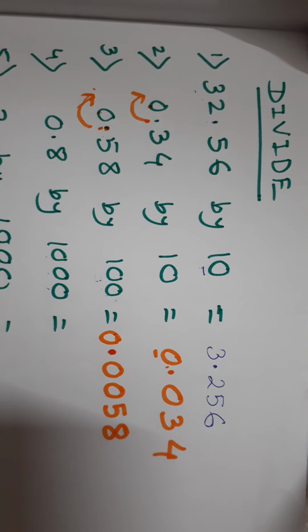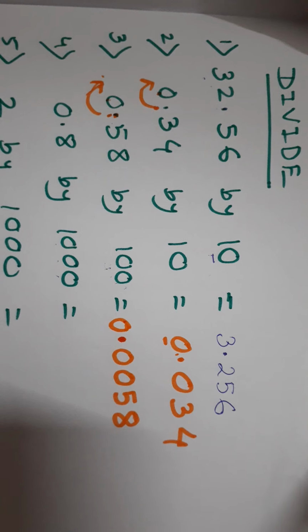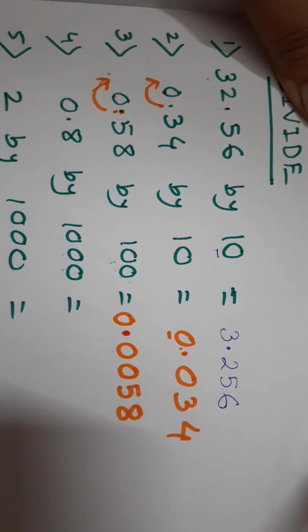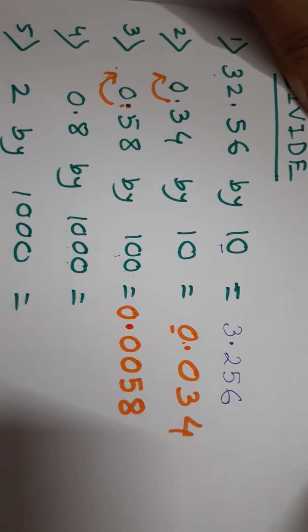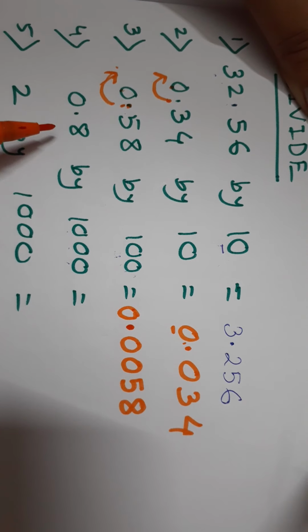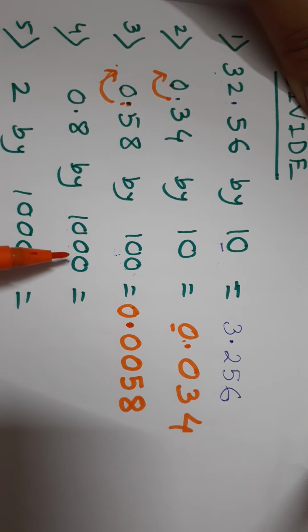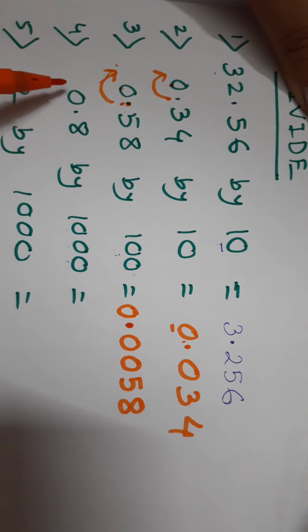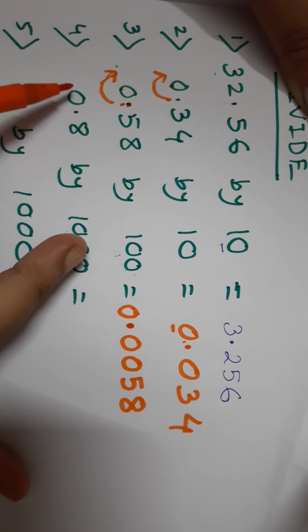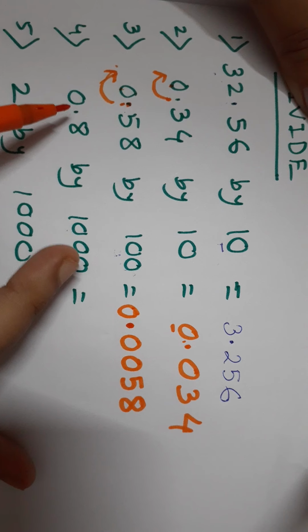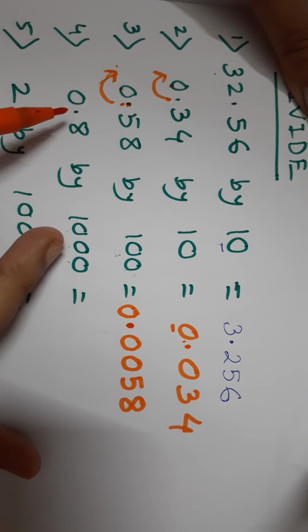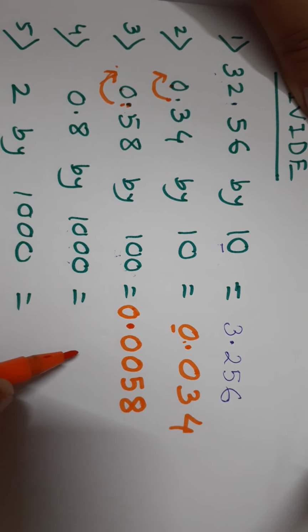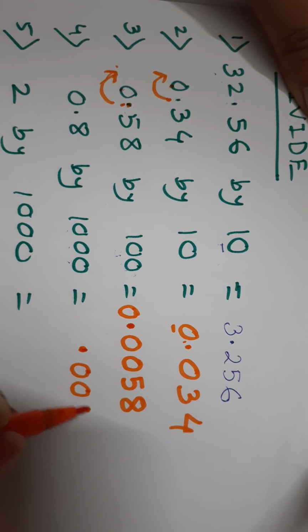Similarly, when we are dividing 0.8 by 1000, let's see what will happen. You can see only 0.8 is present, but we need to shift this decimal point at least 3 places. So we can consider 3 more zeros on the left side of the decimal point, and we will get 0.000.